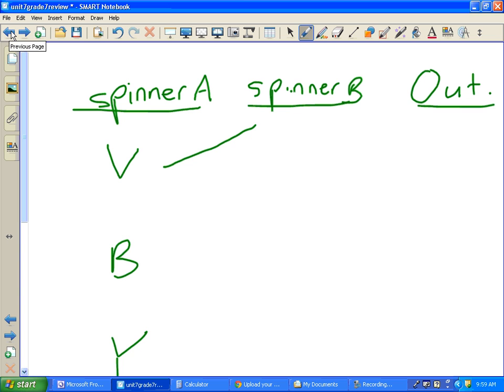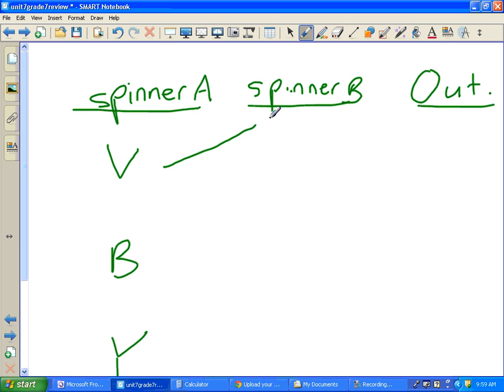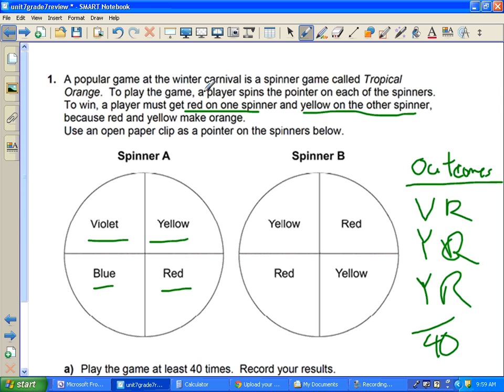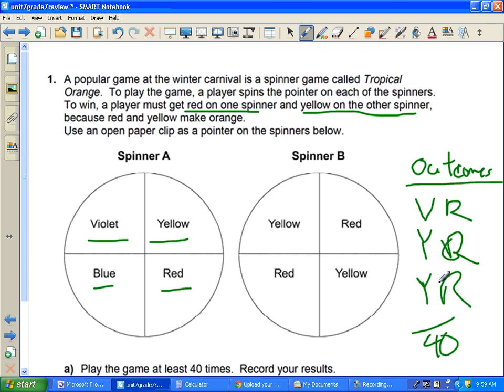Spinner B has exactly yellow, red, red, and yellow. So you could have gotten yellow, red, red again, and then the other one was yellow. Okay, so those are the possibilities we could have gotten.